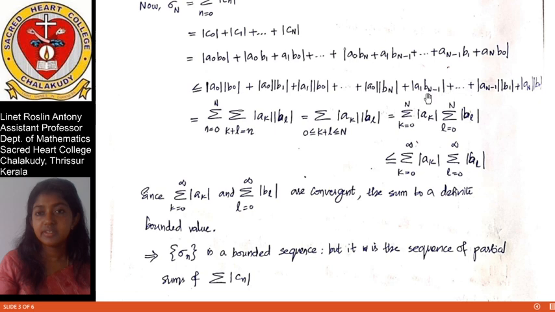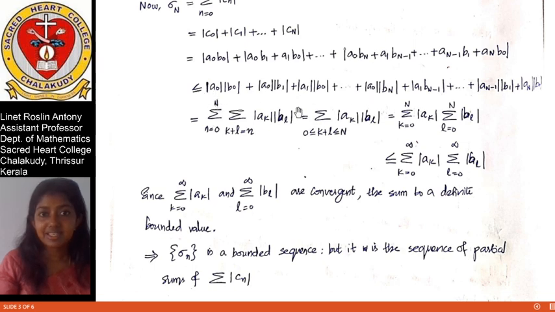When we add, n minus 1 plus 1 will be n, and so on. So we know that the sum of the indices should be the value n. And where is this n ranging from? n is going from 0 to capital N.